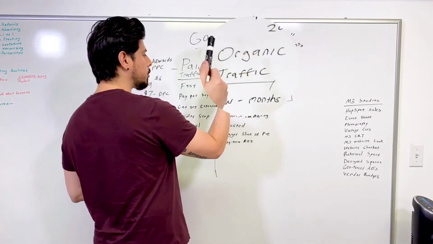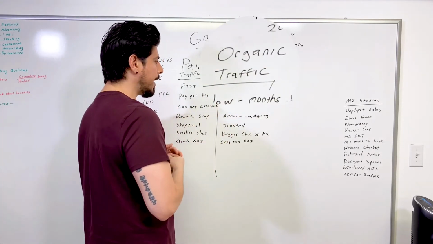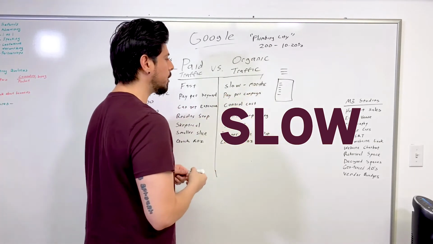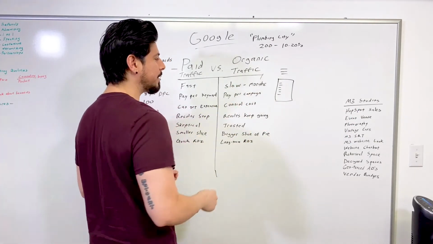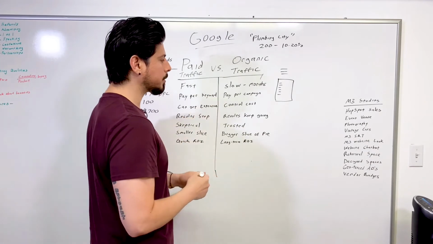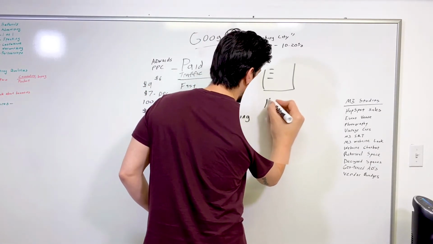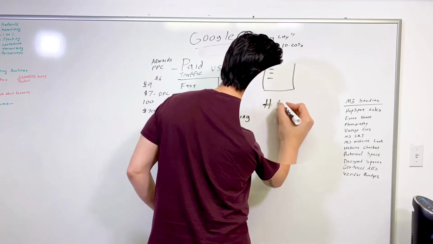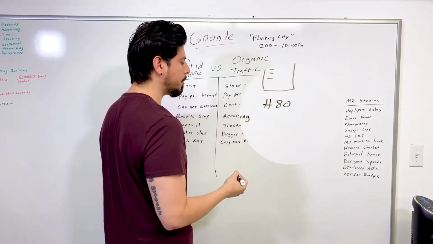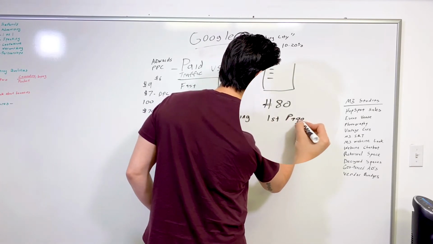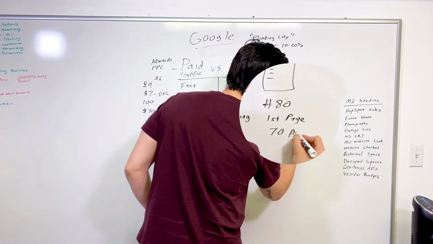The attributes that organic traffic has: it is slow. It can take many, many months before you actually receive results or get into the ranking that you want to be in. So for example, if your website has a keyword in the 80th position and you want to be on the first page, you have to grow 70 positions.